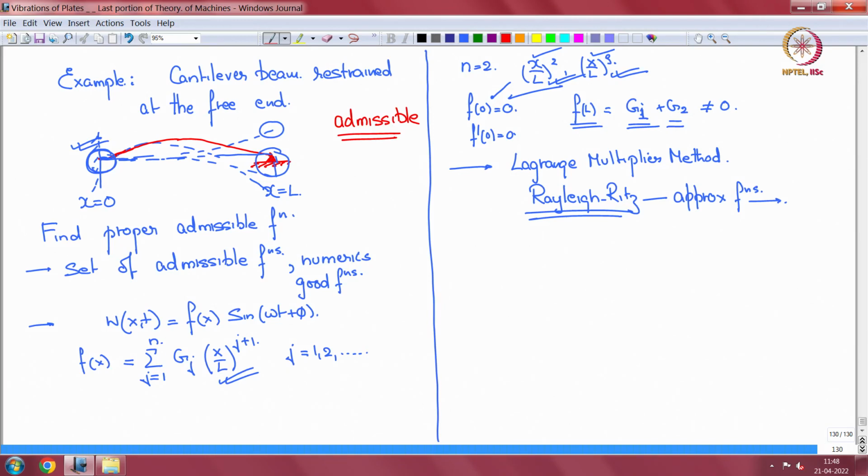Now that same system is slightly modified: earlier it was a cantilever beam, but now it is a cantilever beam restrained at one end.